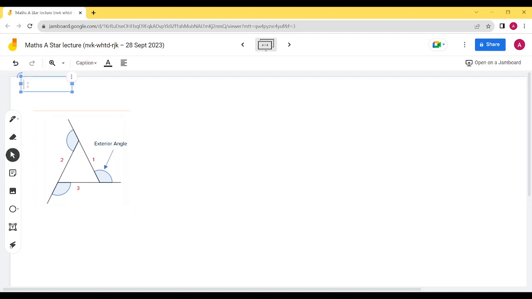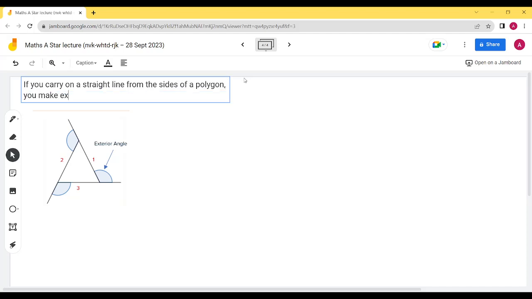So if you carry on a straight line from the sides of a polygon, you make exterior angles.